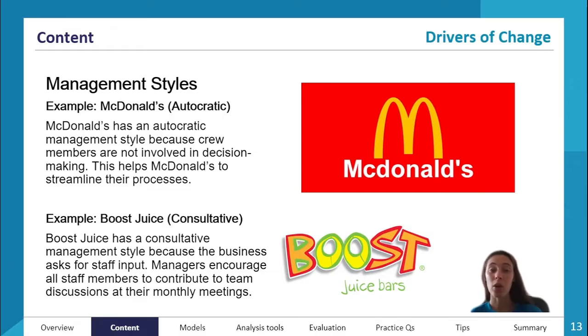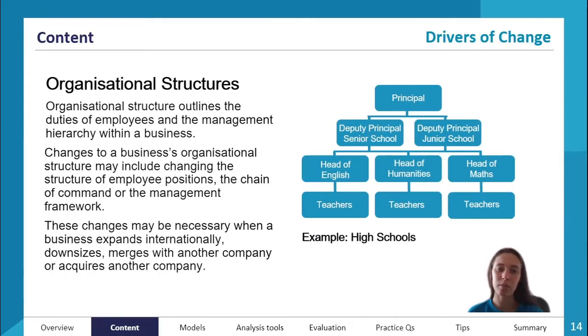And in terms of autocratic, again, oftentimes you'll see that big businesses are going to have autocratic styles because it's too hard to have a style that's involving the input of stakeholders.